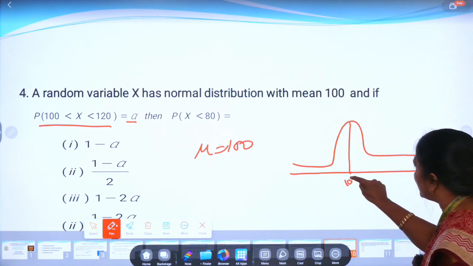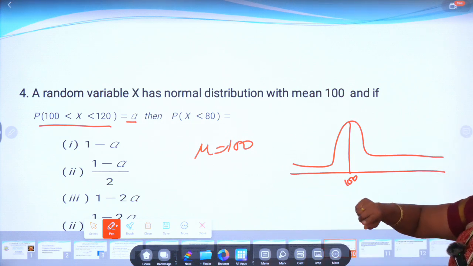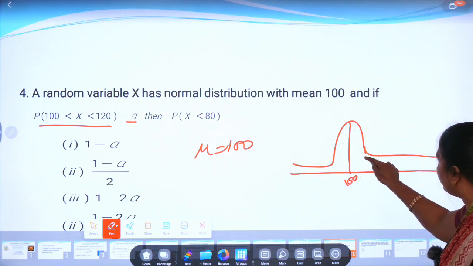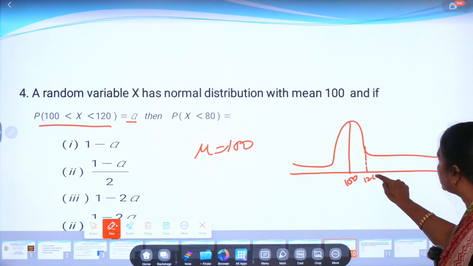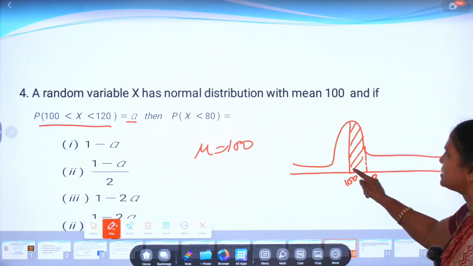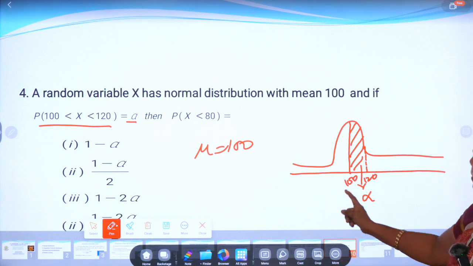The central line they have given is at 100, and they have given the probability for 100 to 120. So on the right hand side we are going to take it as 120. The probability of this region is given as alpha. So what about your left hand side?